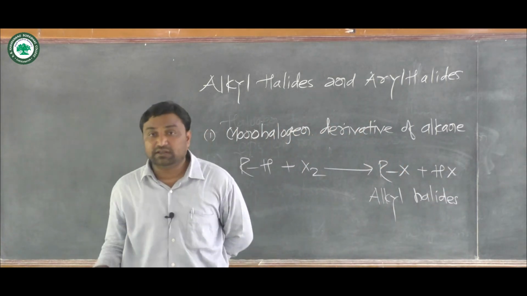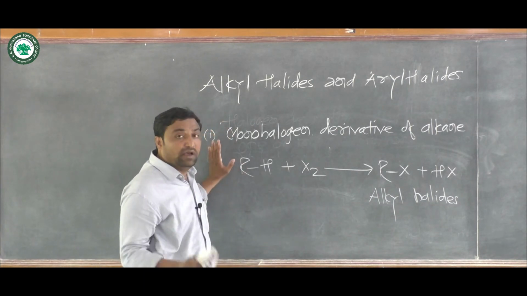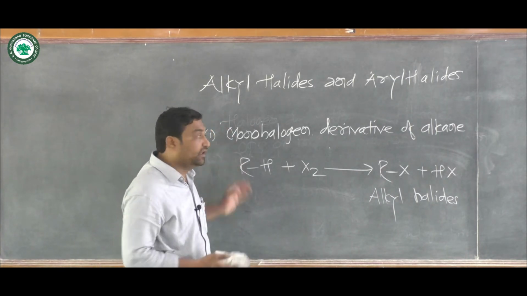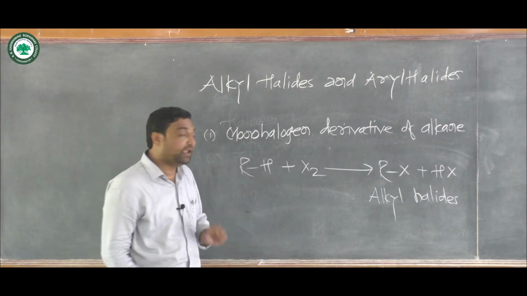The second type of halogen derivatives of alkane is polyhalogen derivatives of alkane.